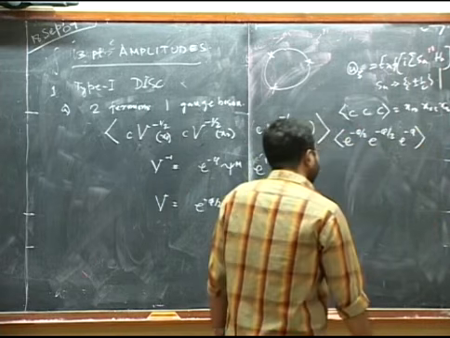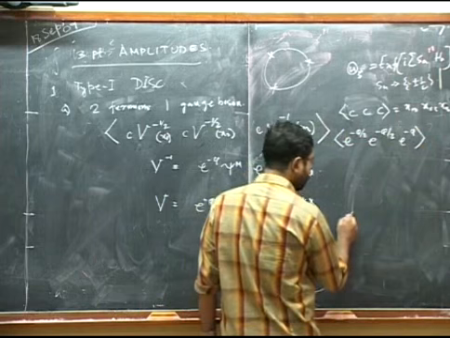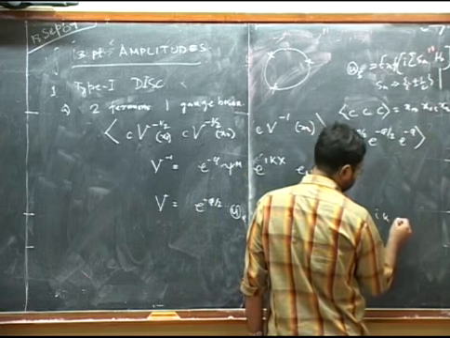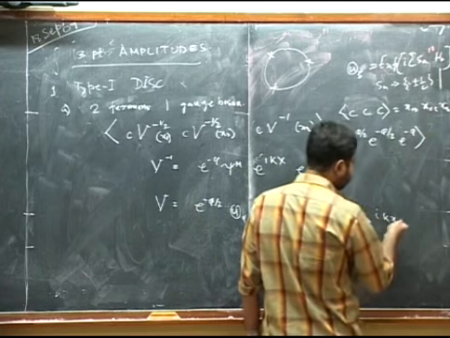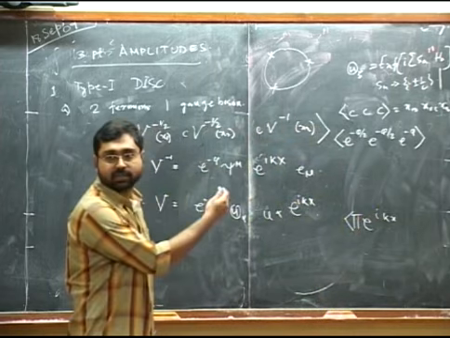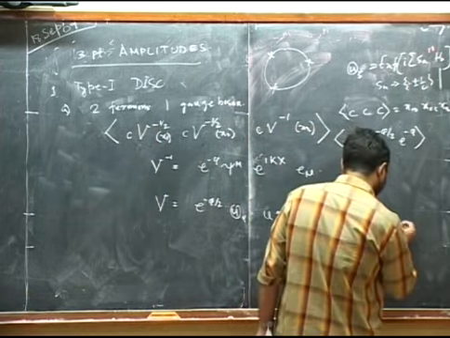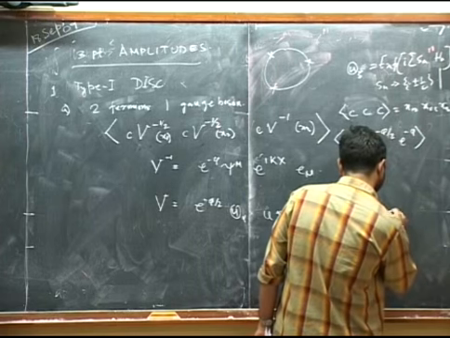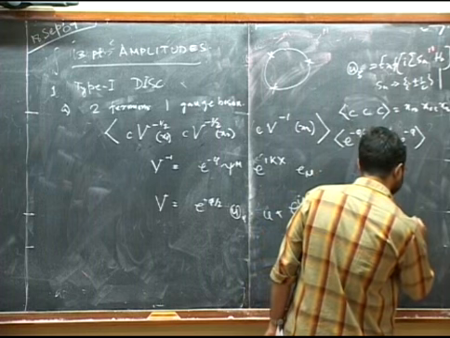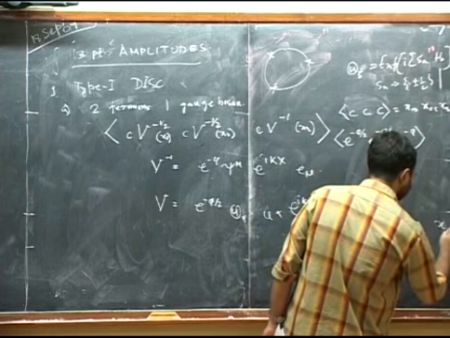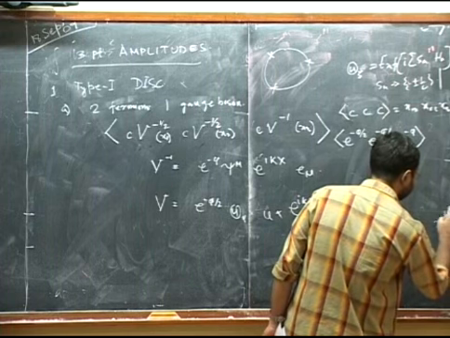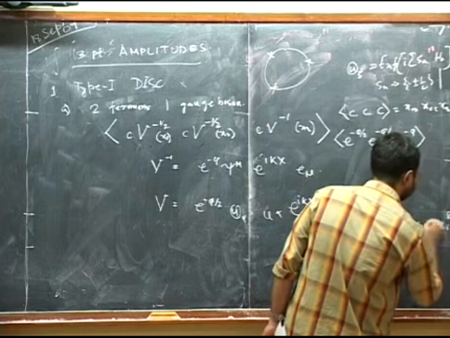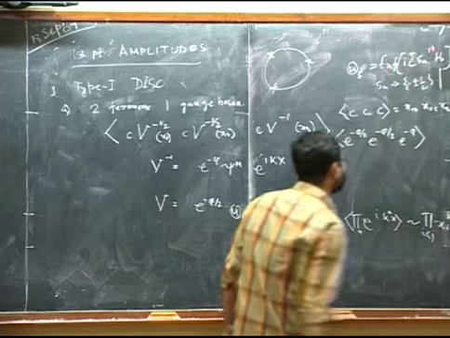In order to compute this, we recall some formula, like the product of e to the power i k x, some analogous formula in the case of the bosonic string, which we had used earlier. This goes as x_ij to the power of alpha prime k_i dot k_j, product over i less than j.